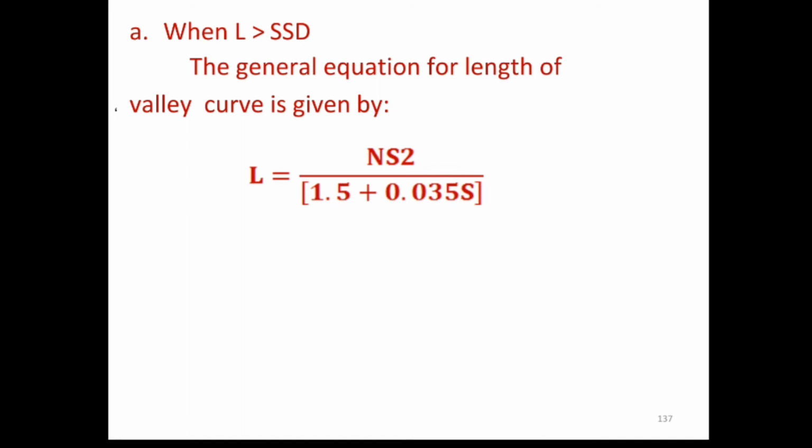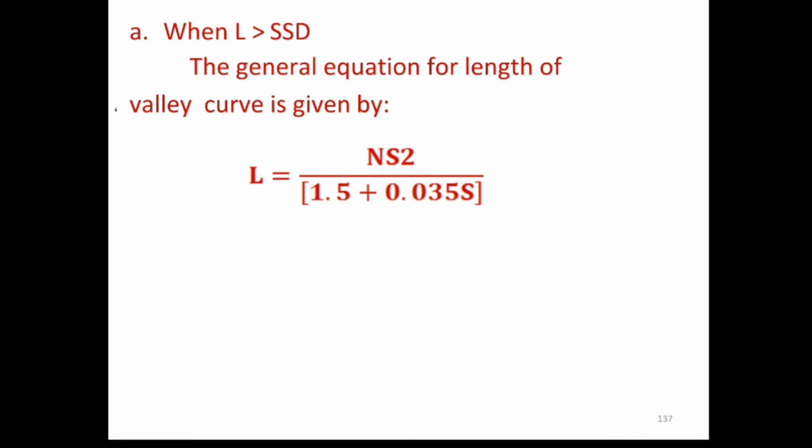Since the sight distance will be minimum when the vehicle is at the lowest point on the sag curve, if the valley is assumed to be of a parabolic shape, and if the average height of the headlight is taken as h1 equals 0.75 meter and the beam angle alpha equals 1 degree, then L equals N S square upon 1.5 plus 0.035 S, where L equals the total length of the valley curve in meters, where L is greater than S and S equals the stopping sight distance in meters.